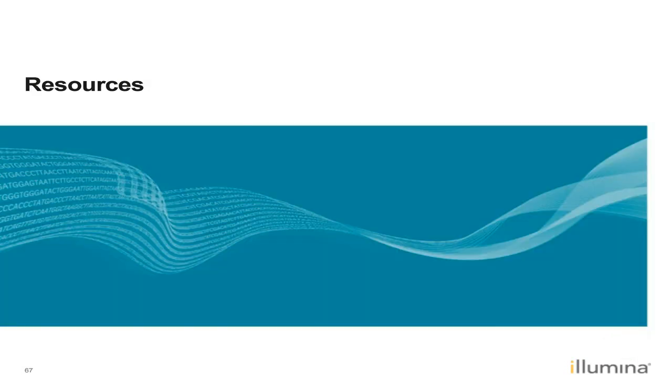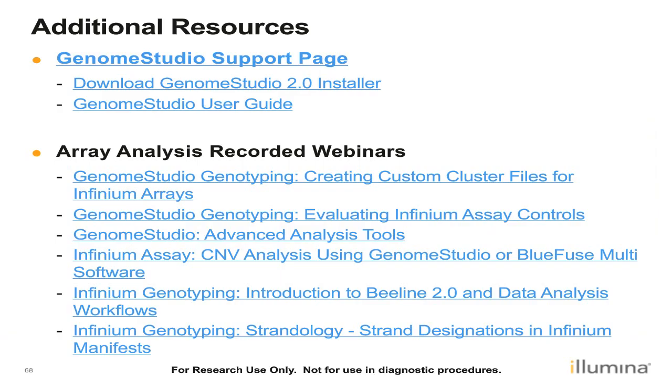Here are some additional resources now that we've gone through how to create your project and review your data. If you'd like to download the GenomeStudio software, there is a GenomeStudio support page, and you can download the installer. The support page also contains documentation if you'd like to download and review the user guide.